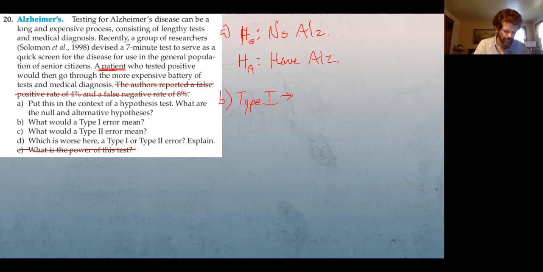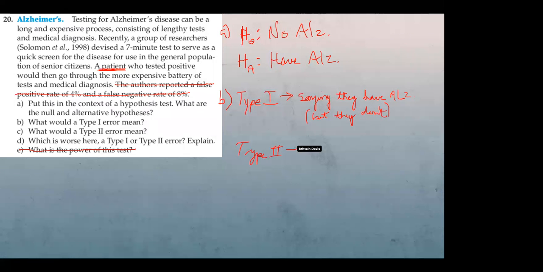Saying that someone has Alzheimer's, but they don't. Okay. And a type 2 would be? Saying they don't have it and they do. Exactly.